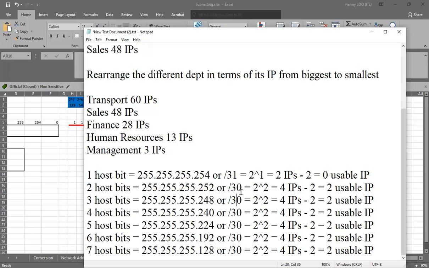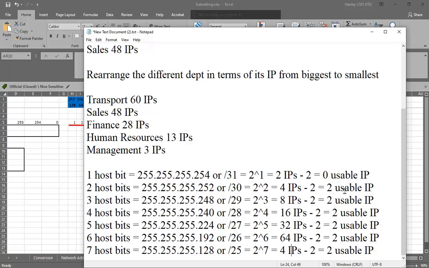So it will be /29, /28, /27, /26 and /25. So 2 to the power of 3, 4, 5, 6, 7 gives me 8, 16, 32, 64 and last but not least 128. And when we minus 2, I'll be getting 6, 14, 30, 62 and last but not least 126.